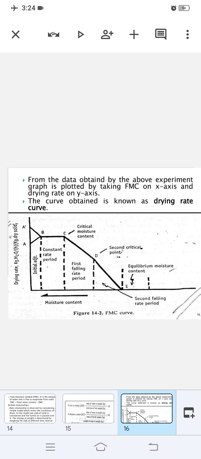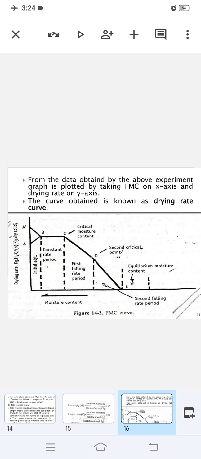With this graph, we can find out that point A to B is the initial adjustment period. What happens in this period? The solid which is to be dried absorbs heat, and when the temperature increases, the moisture begins to evaporate.